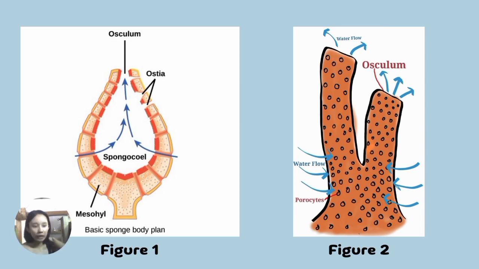So ang mesohyl, it is a gelatinous matrix that is filled in the space between the external outermost layer called the pinacoderm and the internal layer called choanoderm. So, ang function ng mesohyl is it acts as a type of endoskeleton helping to maintain the tubular shape of sponges.